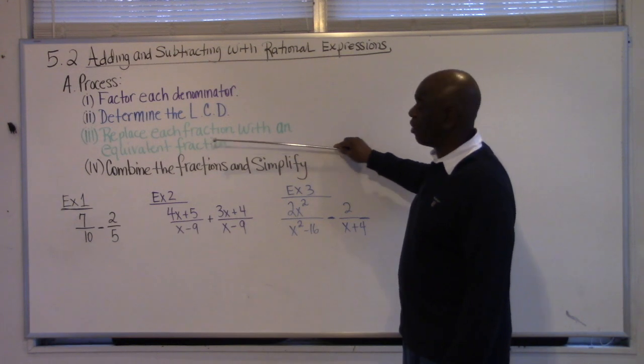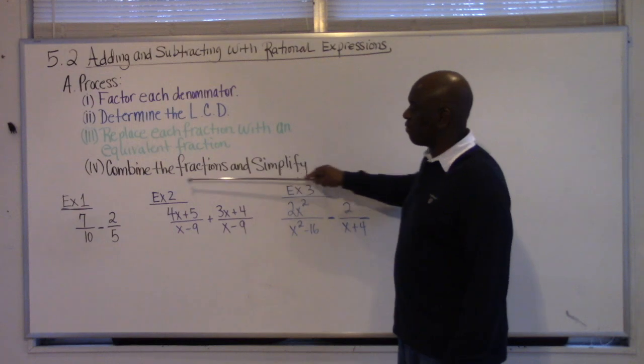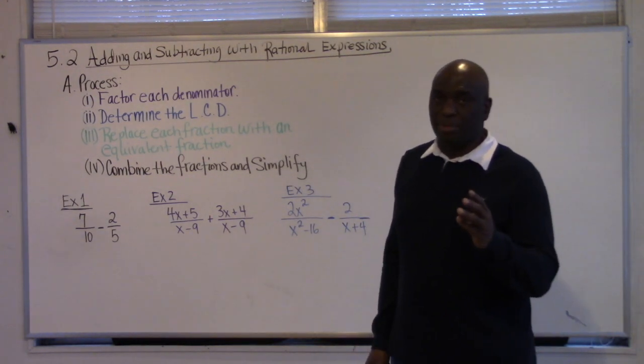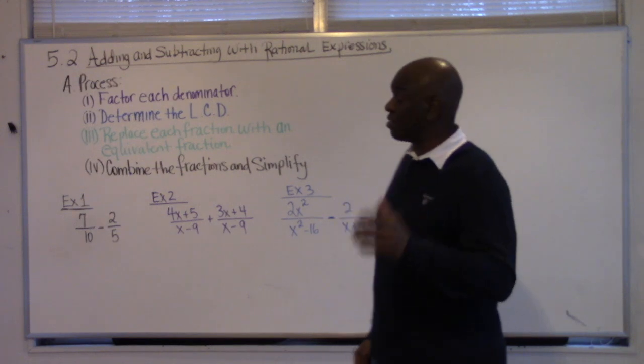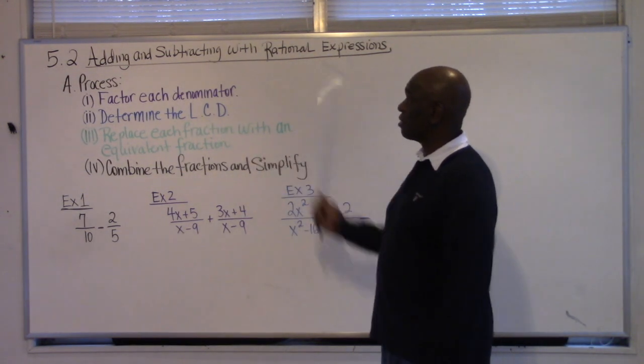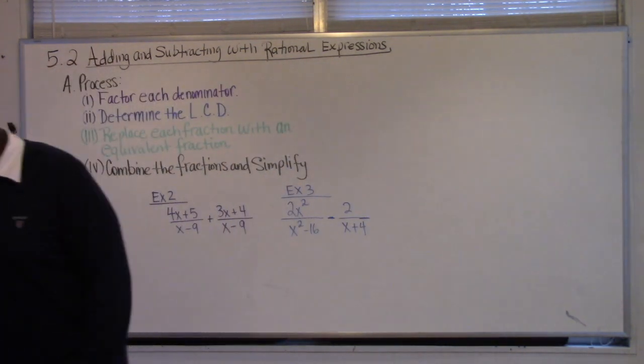That's the third step, very important step. And then step 4, combine the fractions and simplify. Do those 4 steps, then we'll be efficiently and effectively and successfully adding and subtracting with rational expressions.